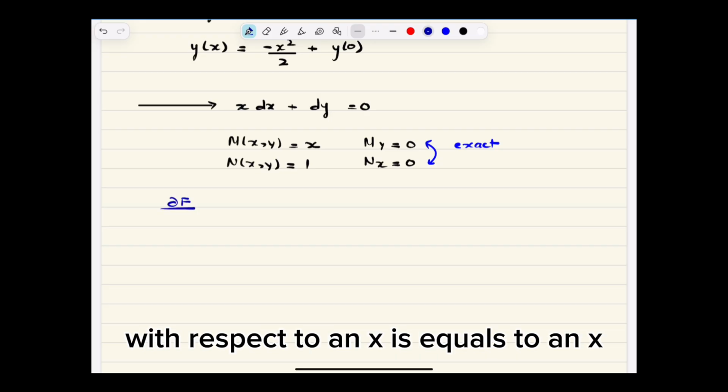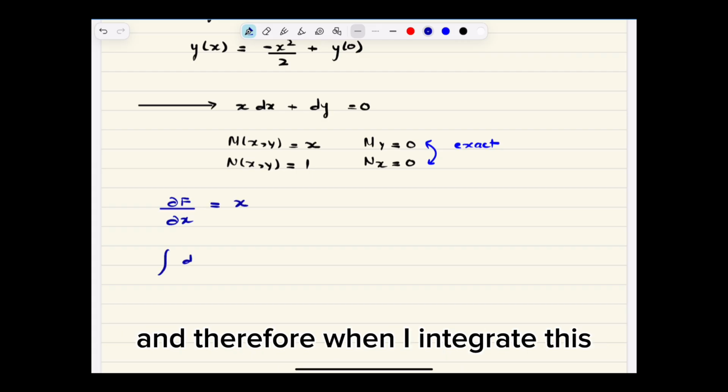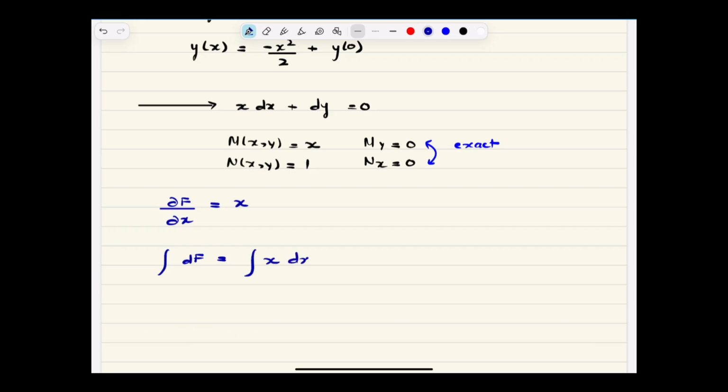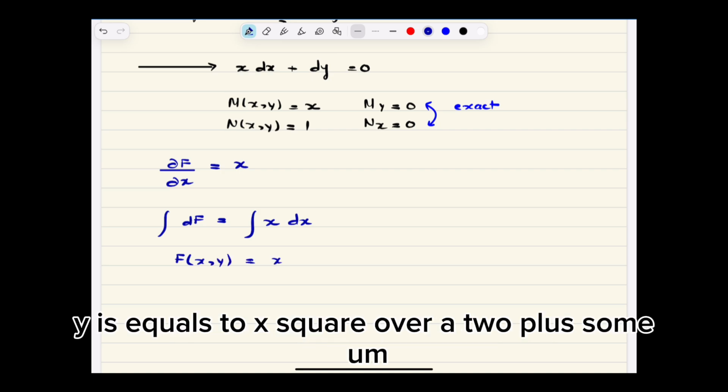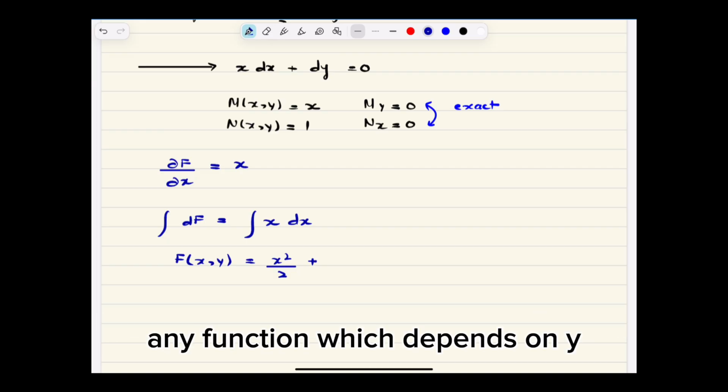Now that it is exact, I can say the partial derivative of f with respect to x equals x, and therefore when I integrate this, I'll have f as a function of x y equals x squared over 2 plus any function which depends on y.